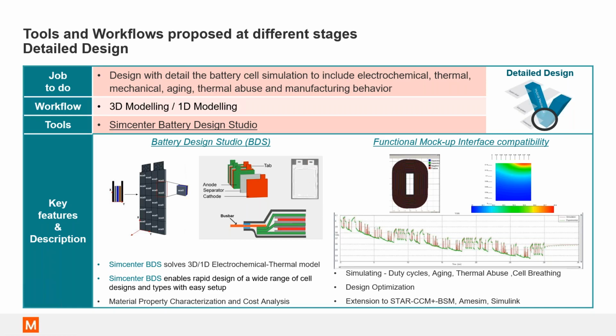The SimCenter PDS essentially has 3D and 1D electrochemical and thermal models with varying material properties for electrodes as well as electrolytes. Electrolytes are very difficult and truly affect the performance of the cell as much as the electrode's performance. And this can be extended to do design optimization and a pack level analysis.